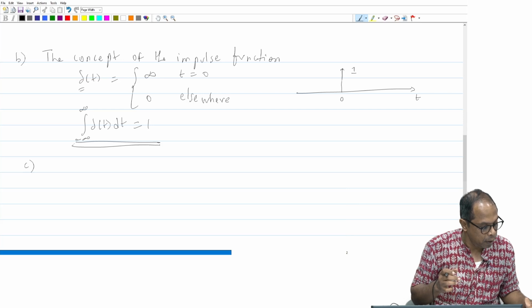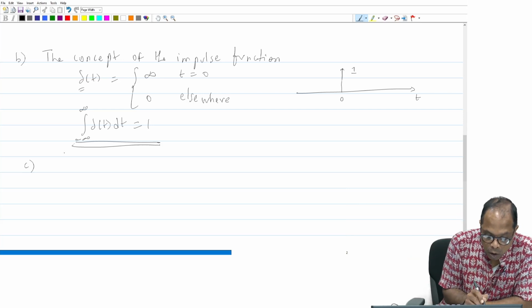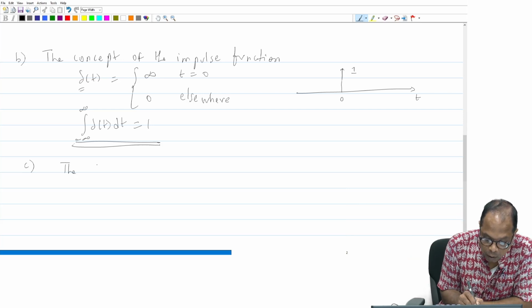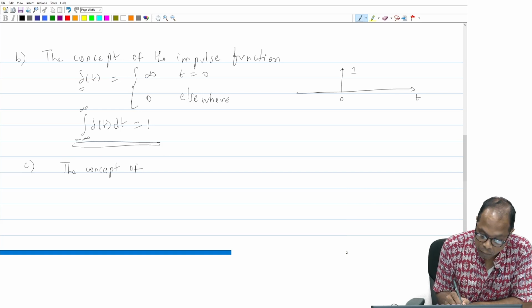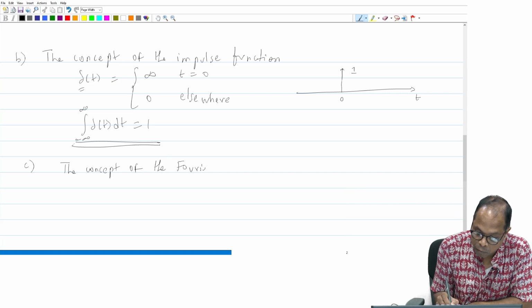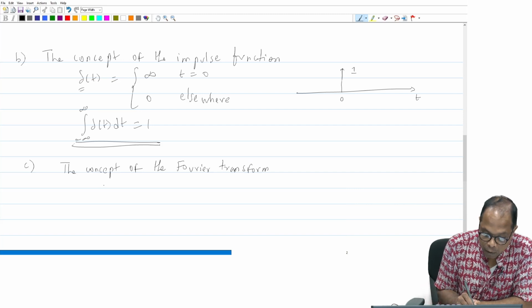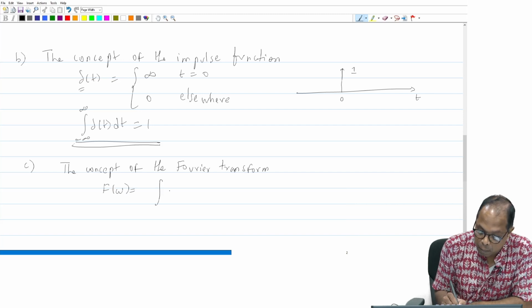Then there is the concept of the Fourier transform. We have a measurable function f of t.